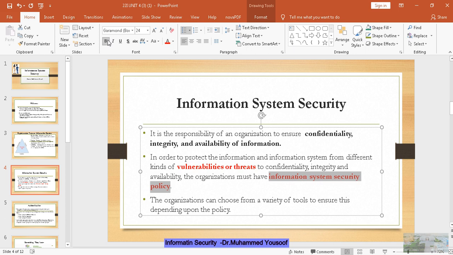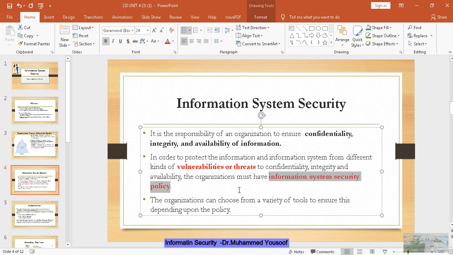A document which states very clearly the set of rules and regulations to be followed in order to ensure information system security. Information system security ensures 3 things. Number one, the data is confidential. Number two, the integrity of the data is maintained. And number 3, it is available. I already explained these 3 things to you.